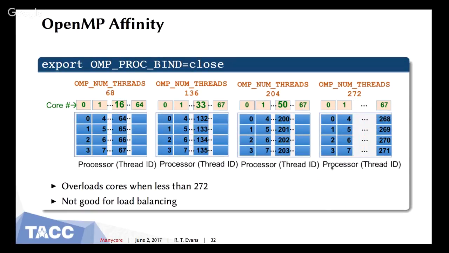So the other alignment you can do, and I'm not sure I've had a reason to do this one, but you might, is close, which basically means just pack the threads as closely as you can. And so in this case, let's say you were only running 4 threads, all 4 threads would be on the single core.